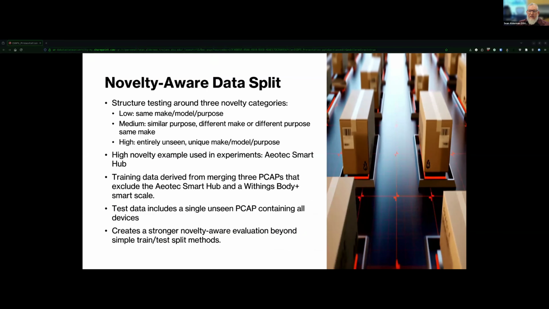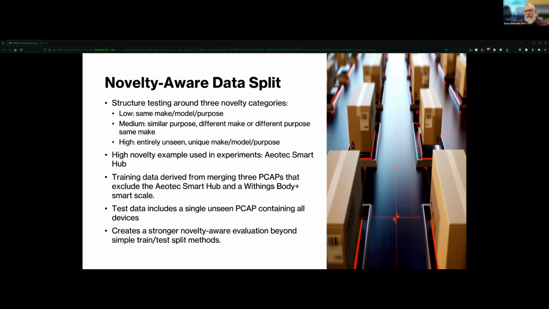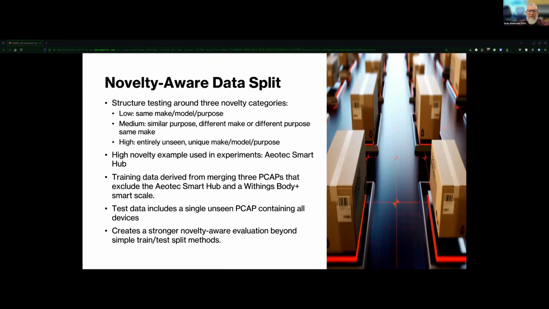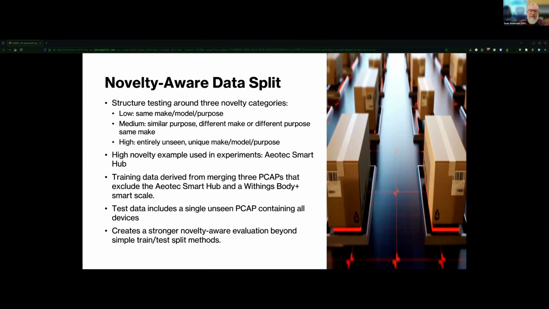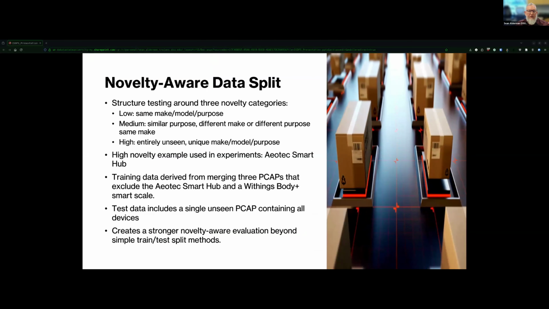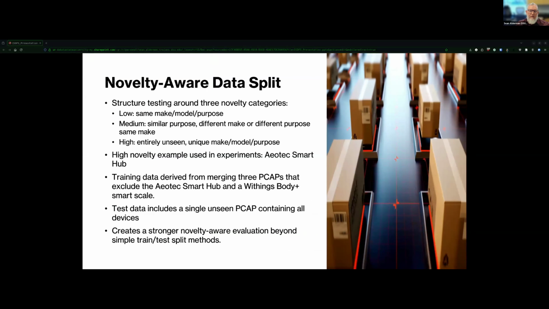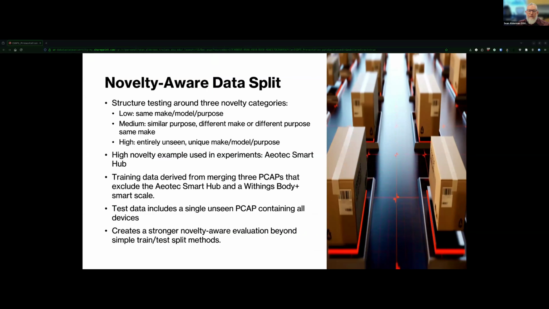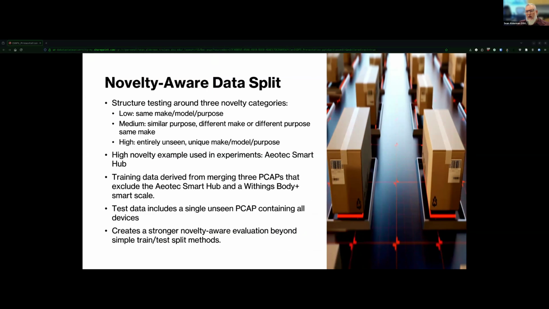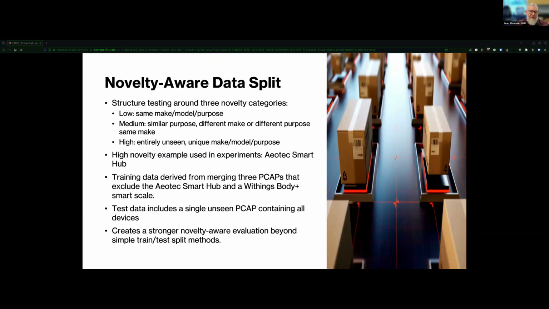To test true novelty handling, we create the idea of 3 novelty categories. Low novelty is like different devices, but same make, model, and purpose. Medium novelty is kind of a mash between similar function devices from different manufacturers versus different functions from the same manufacturer.